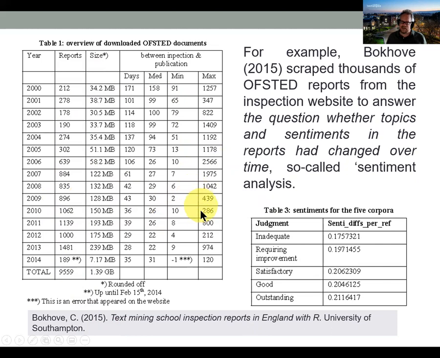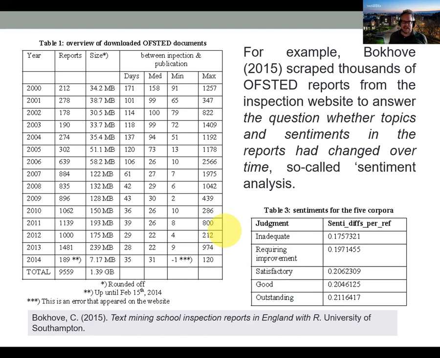What I wanted to look at, for example, in this particular context, is whether reports, which would always culminate in a judgment of inadequate, requiring improvement (at the moment, because longer ago, requiring improvement was called satisfactory, but they changed the judgment), or a judgment of good, or a judgment of outstanding, whether indeed the fact that a school was judged better or higher would be associated with a more positive sentiment.